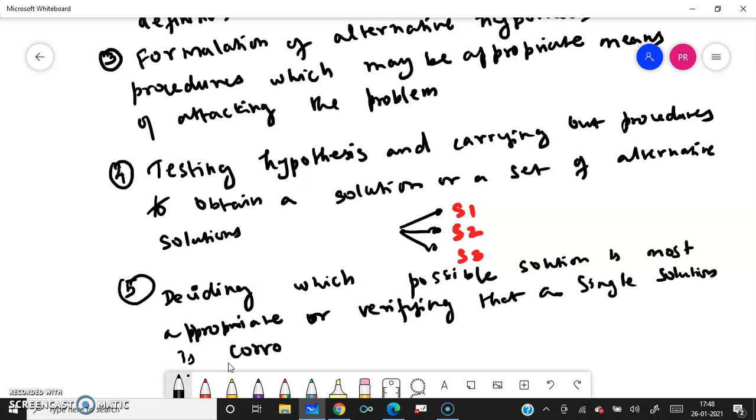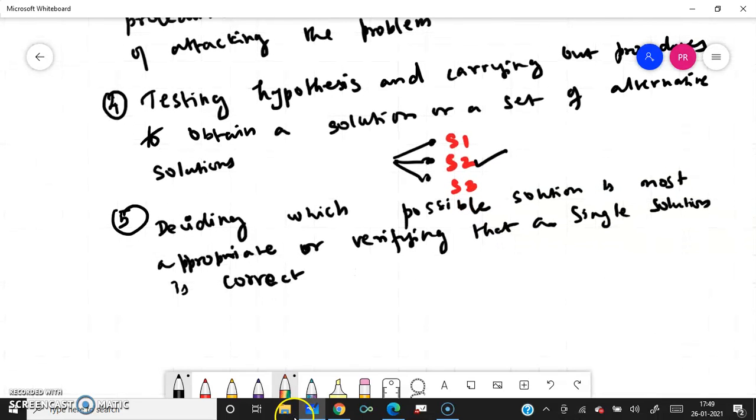We verify and say that yes, this particular solution is correct.